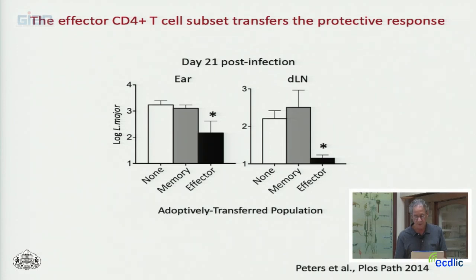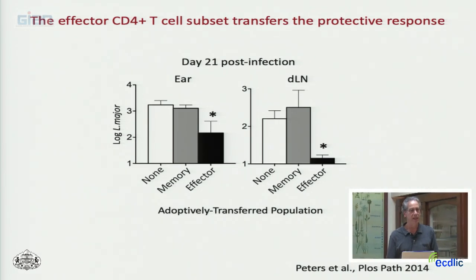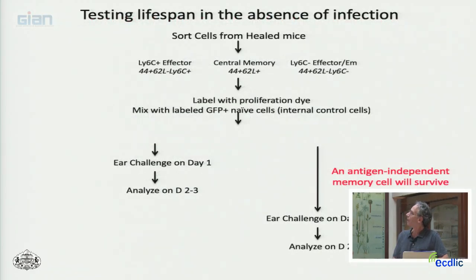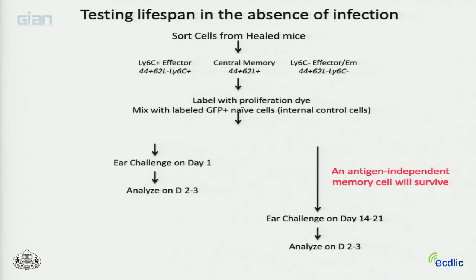But for these kinds of vaccines that require T-cell mediated immunity, central memory cells are not a sufficient cell. It suggests that at the time of challenge, you need cells in the effector pool. And then this experiment is just testing the lifespan of these effector cells.